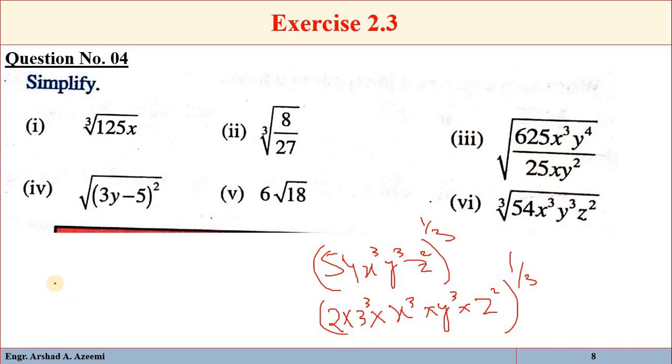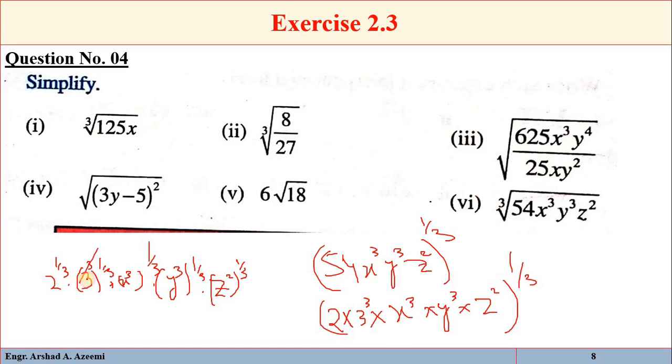According to the product rule, we can take this power individually: 3 cube whole power 1 over 3, similarly multiplied by x cube whole power 1 over 3, multiplied by y cube whole power 1 over 3, multiplied by z square whole power 1 over 3.